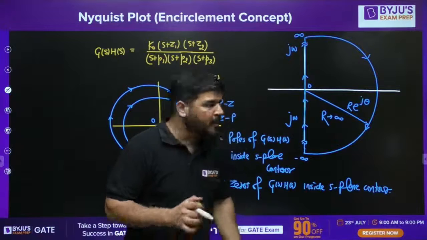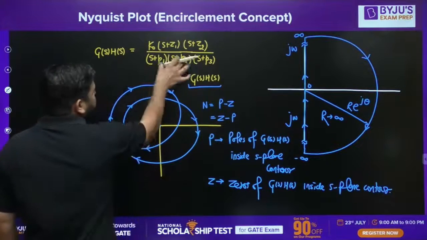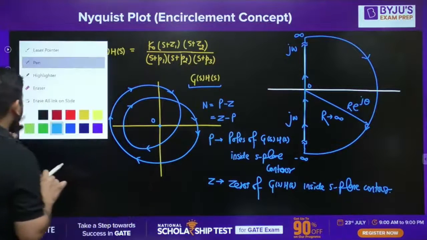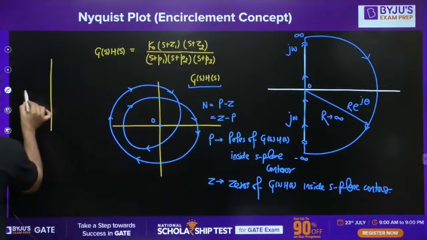Now let's say I have the same G(s)H(s), but this time I am not mapping into G(s)H(s), I am mapping into 1 plus G(s)H(s).